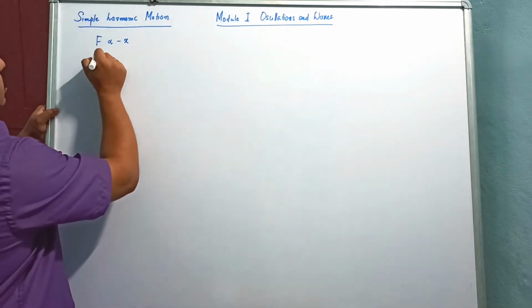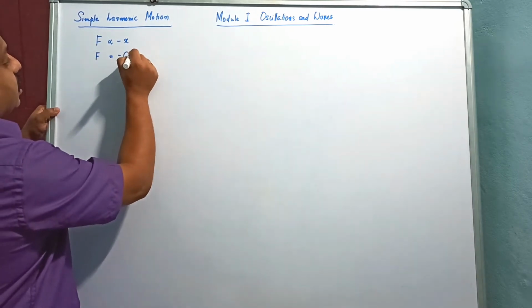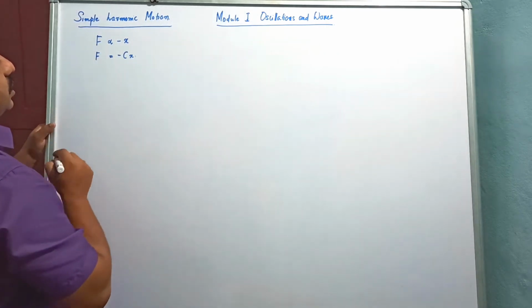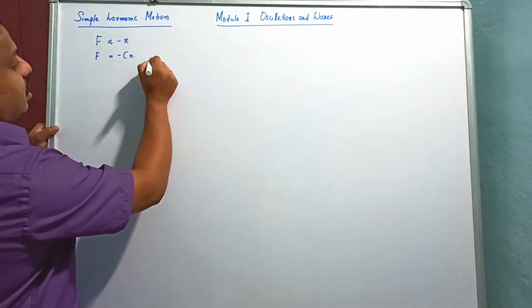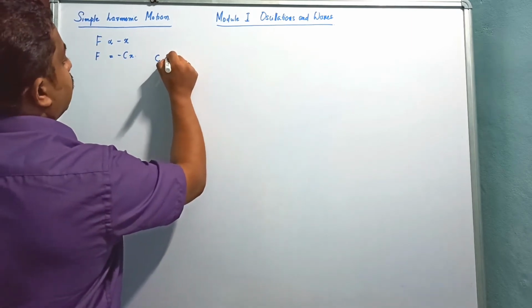So we can write F is equal to minus C x, where C is a constant of proportionality.